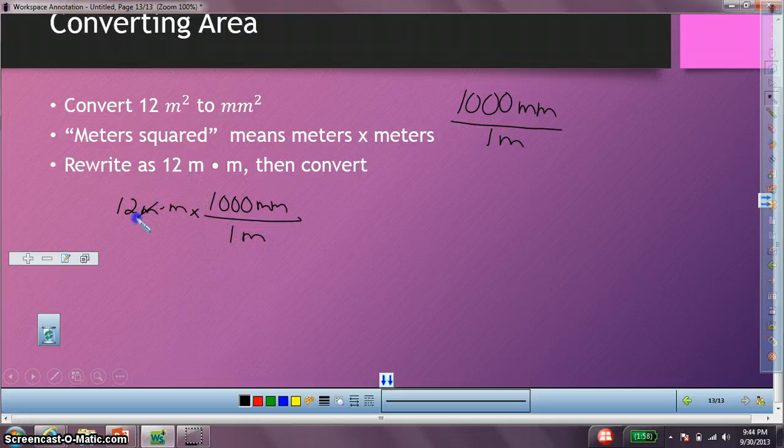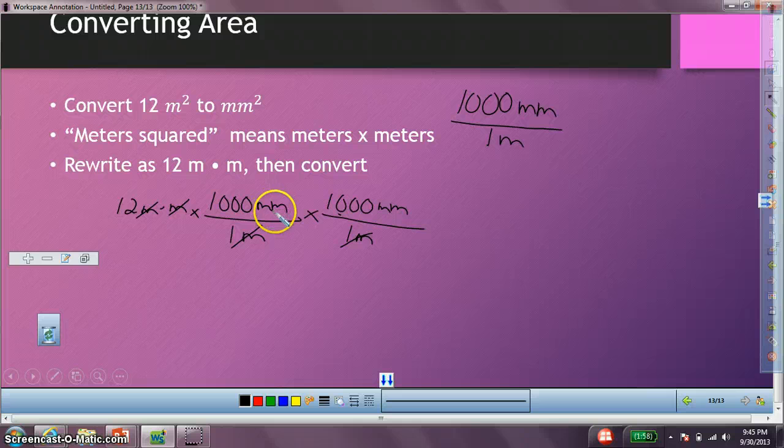Here we can cancel meters in the numerator and meters in the denominator, but we still have a meter left. We want to eliminate our meters and change to millimeters squared. So we're going to have to multiply by that conversion factor again. Now we can eliminate our second meter.